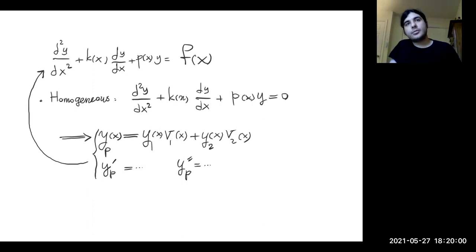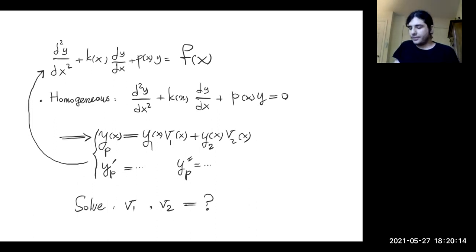I would set that equal to f of x, and I hope to be able to solve it to find v1 and v2. These are the unknowns here.